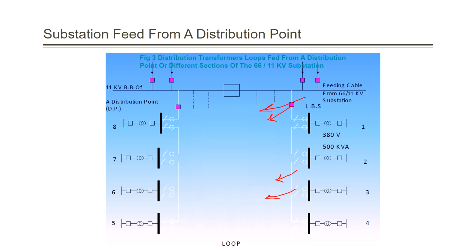Okay, so we would like to provide power to this part. In order to provide power to 3 and 4, we provide power from 5 going through 4 and 3. How? By closing these switches.